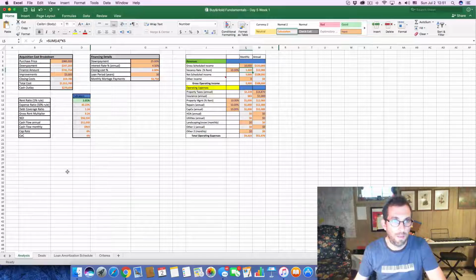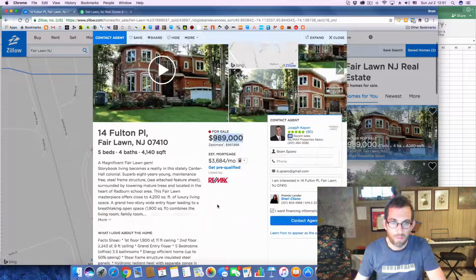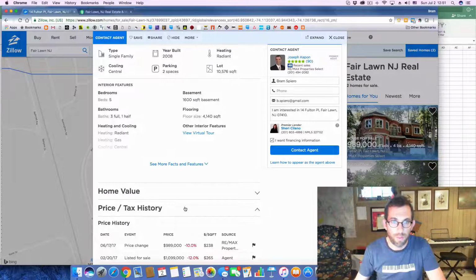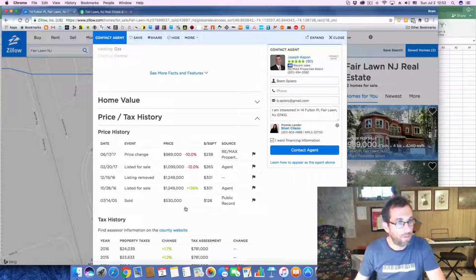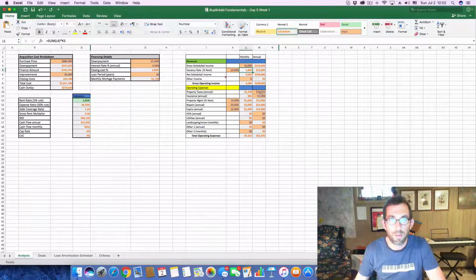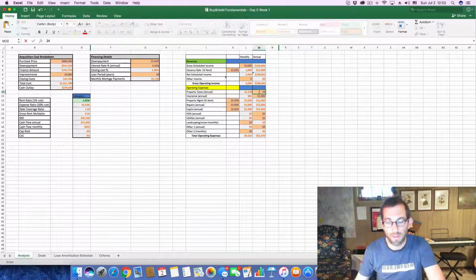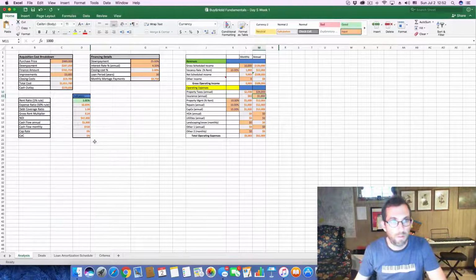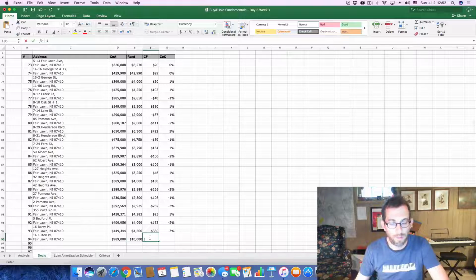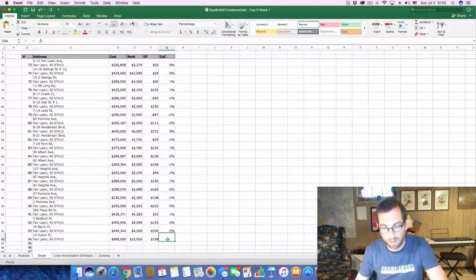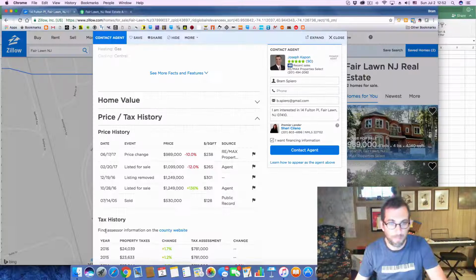Stick that in there, and let's go figure out what the tax would be on this baby. It would be 24,000 bucks. So like, you see, you're making money now. Let's see what happens. You're still making money. That's because the rent's way off. But who cares? It's a percent.